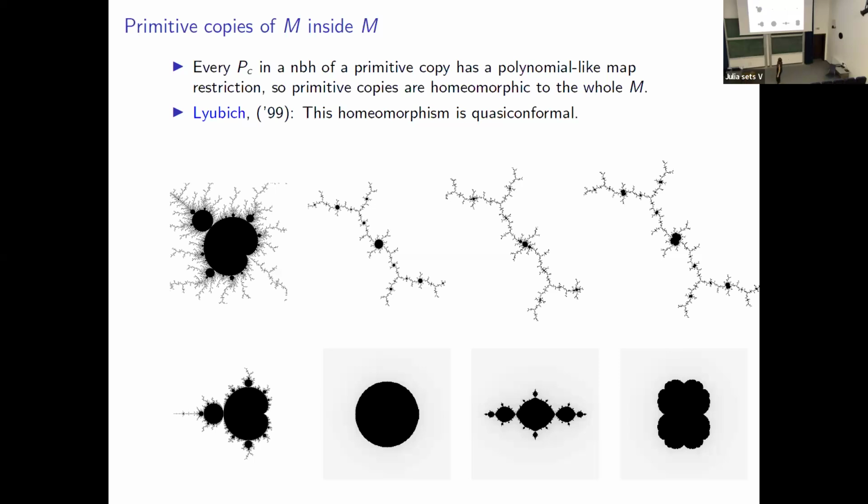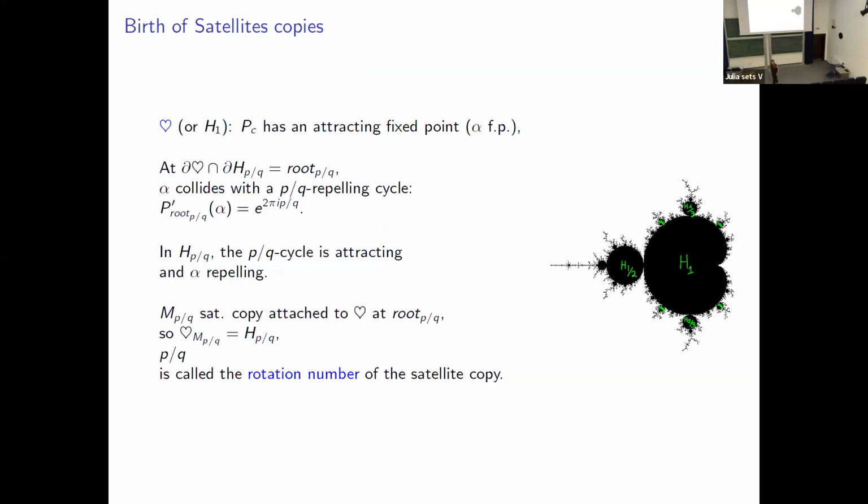To understand what's going on with satellite copies, let's first say briefly how the satellite copies arise. The main cardioid, or the main hyperbolic component, is the set of parameters c such that my quadratic polynomial has an attracting fixed point, the alpha fixed point.